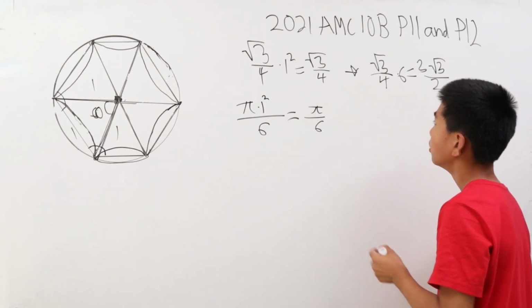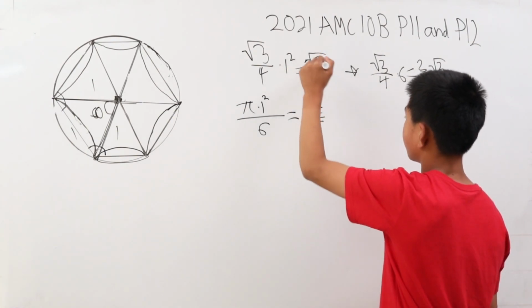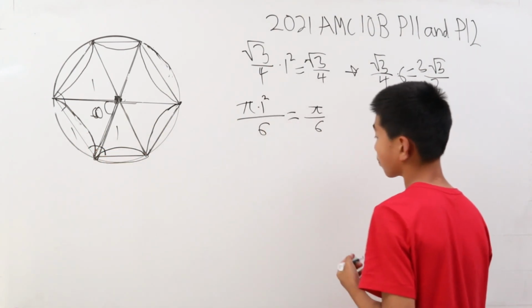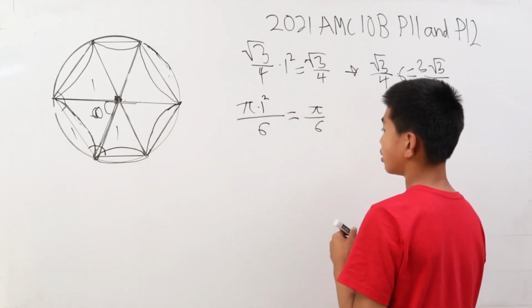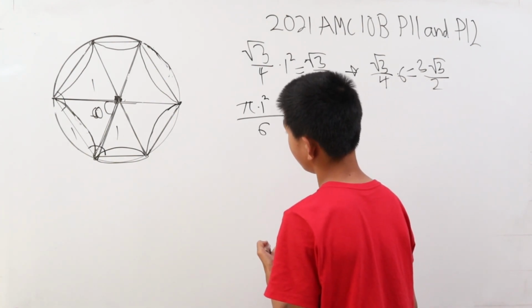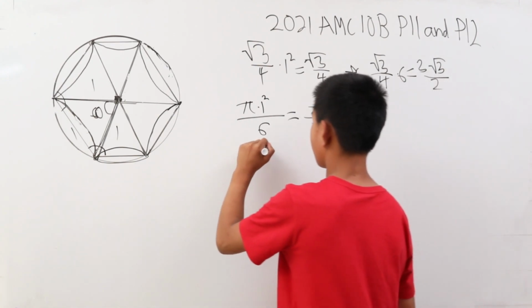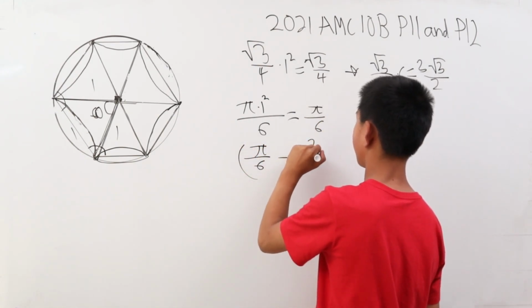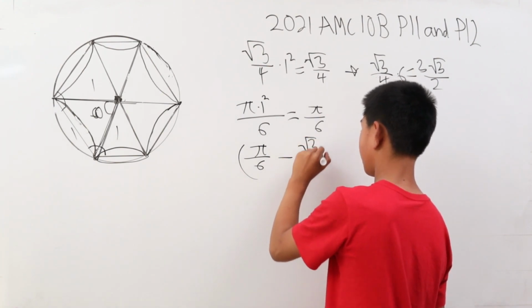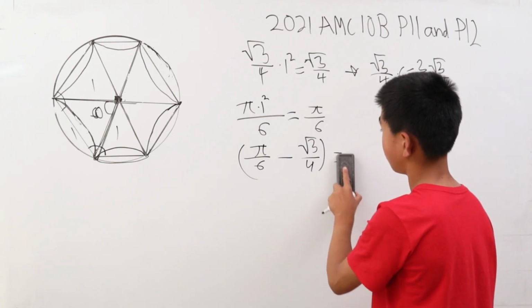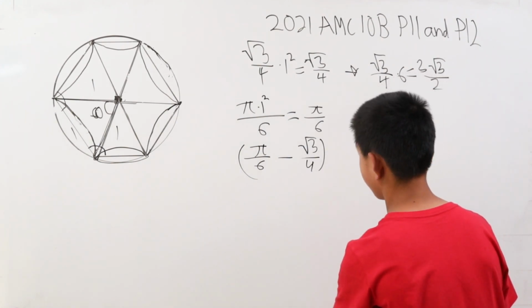Earlier, we stated that the area of one of these triangles is √3 over 4. If we subtract it, then we can solve for the arc area. Pi over 6 minus √3 over 4 gives us the arc area. That's pretty interesting.